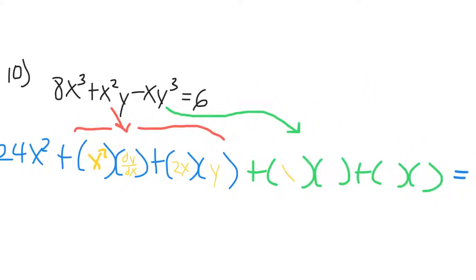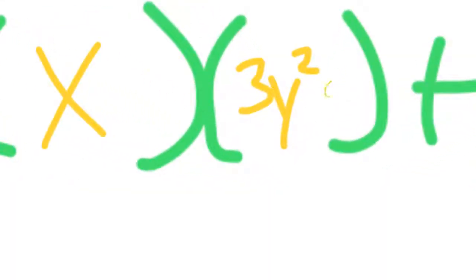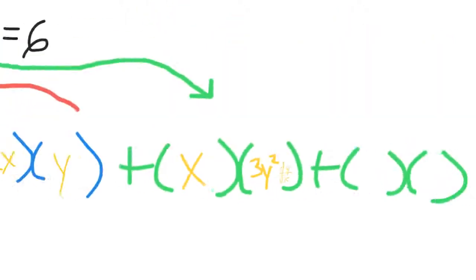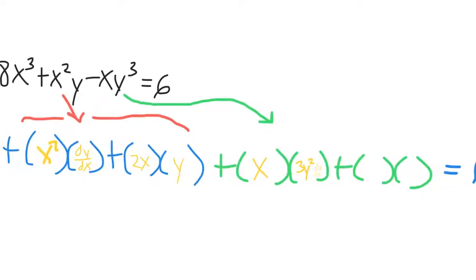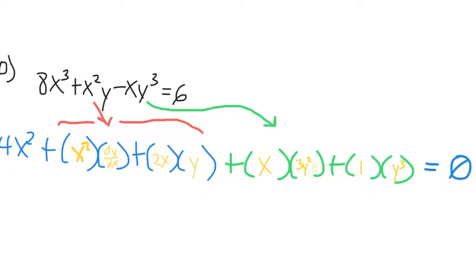Keep the first thing, change the second thing, dy over dx in there. And then we're going to change the first thing, keep the second thing. Pretty sure we're on the right track. Just got to make sure we remember that the dy over dx is right there.